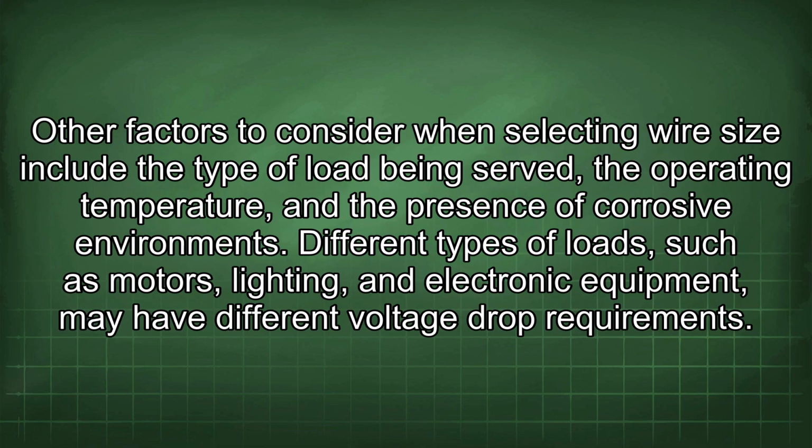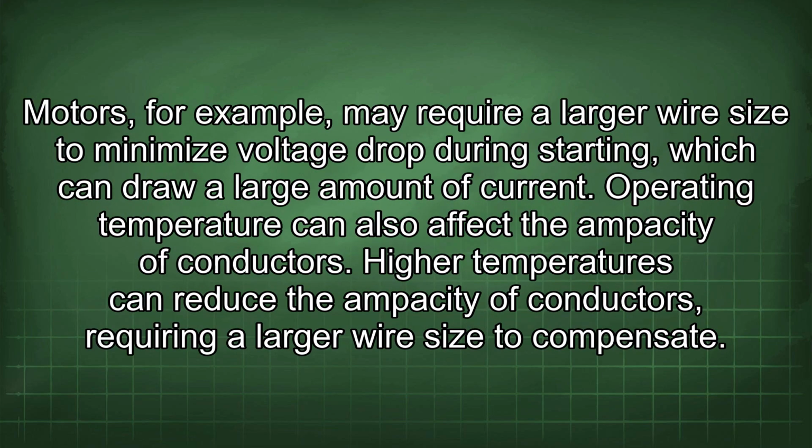Other factors to consider when selecting wire size include the type of load being served, the operating temperature, and the presence of corrosive environments. Different types of loads, such as motors, lighting, and electronic equipment, may have different voltage drop requirements. Motors, for example, may require a larger wire size to minimize voltage drop during starting, which can draw a large amount of current.